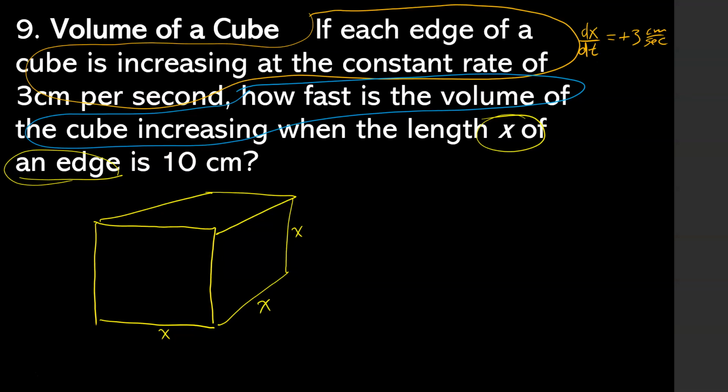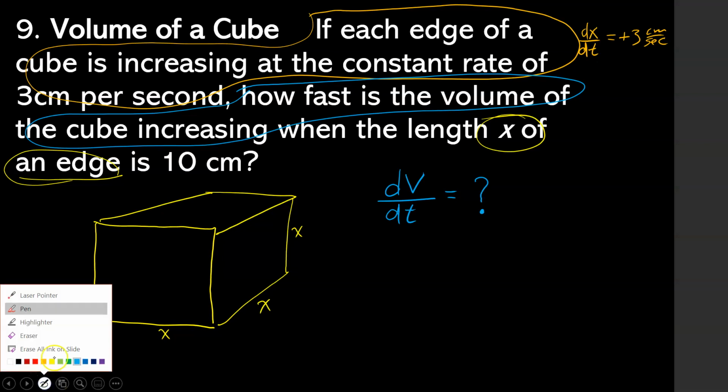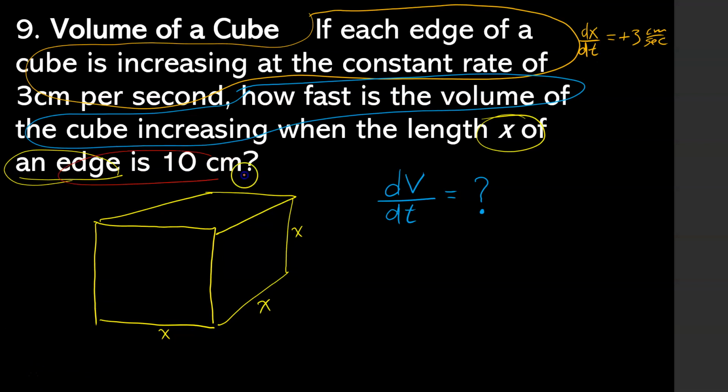Well, that's also a rate, so that's going to be d something over dt, because that's changing over time, and it's change in volume over change in time. That's our question. That's the answer we're looking for. Okay. So I suppose the last thing we can pull out is the moment we're talking about. That's not v, that's x equals 10.